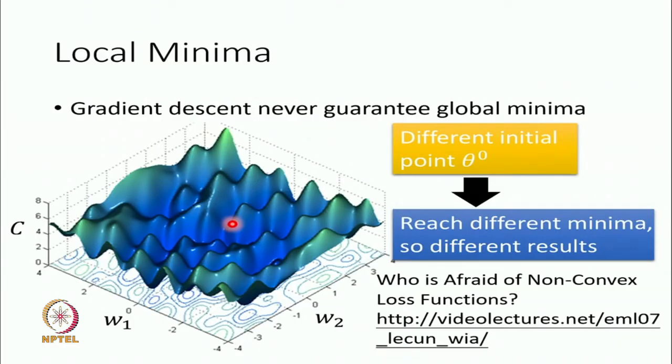But we are not afraid of non-convex loss functions, and this is just the beauty of AI. The theoretician says you cannot reach the global optimum. We say fine, we'll just do whatever we can with a local optimum. This has been there even in local search, when we did local search in the AI class, and this is also true in the context of neural networks.